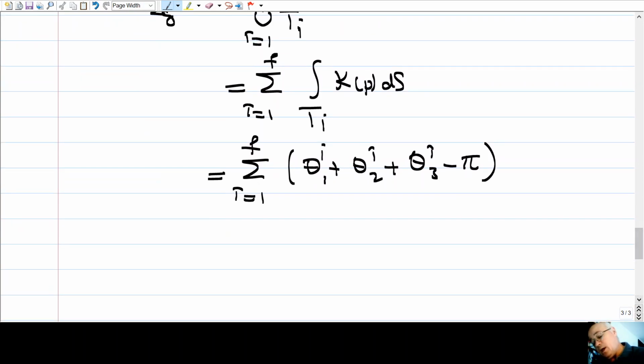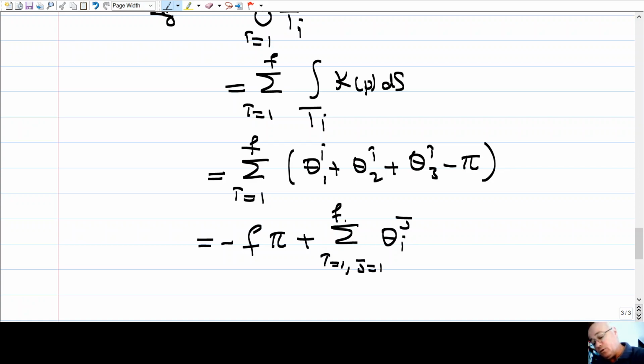I have f many triangles, so I will have the following: minus f times pi plus the sum of theta_ij, i from 1 to f, and j from 1 to 3.